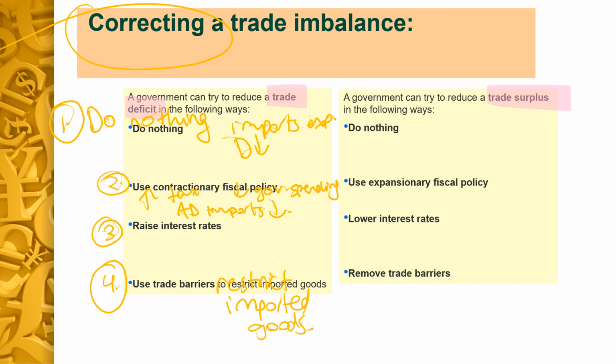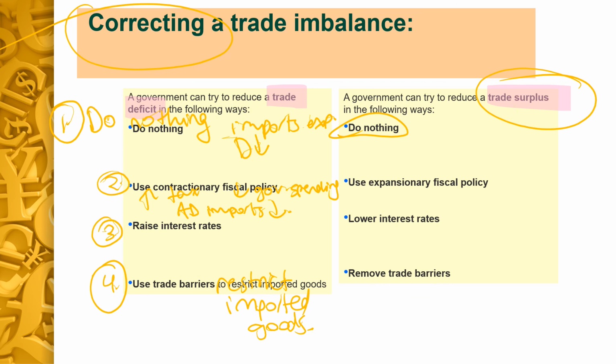Now, how can a government reduce a trade surplus? Again, because we said this would be a problem and we need to correct it. The first way would be do nothing at all, which is because the exchange rate will appreciate, making imports cheaper, and therefore the demand will rise. But exports will become more expensive to buy, so the overseas demand will fall here.